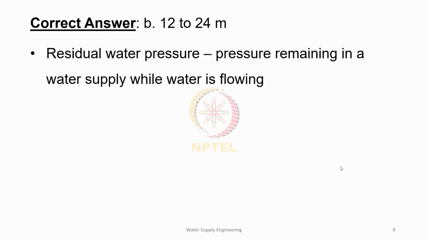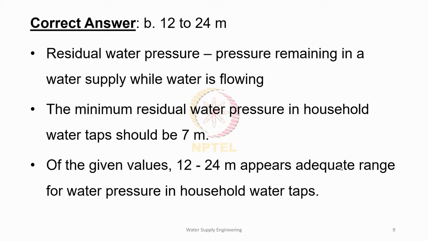So we'll see why. What is residual water pressure? They're asking about the adequate range of residual water pressure. It is the pressure remaining in a water supply while water is flowing. So it is not the static pressure, it's the pressure under the condition when water is flowing. The minimum residual water pressure required in household water taps is 7 meters.